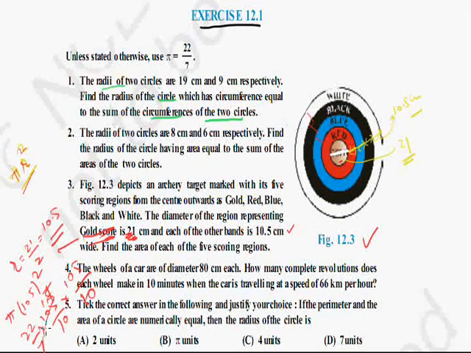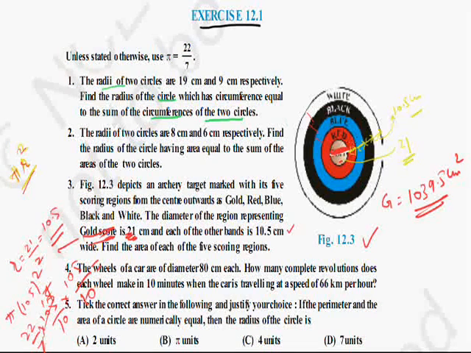Now this is 22 into 15 into 105 upon 100. When you calculate this, you get 1039.5. It means the area of the golden region is 1039.5 centimeter square. Right?